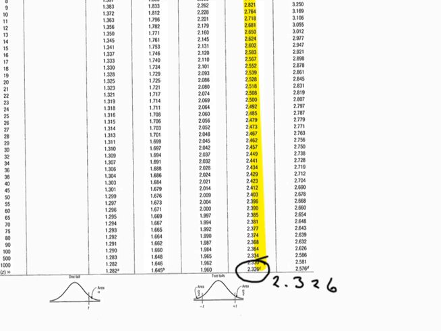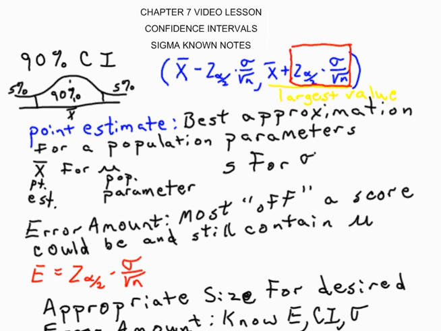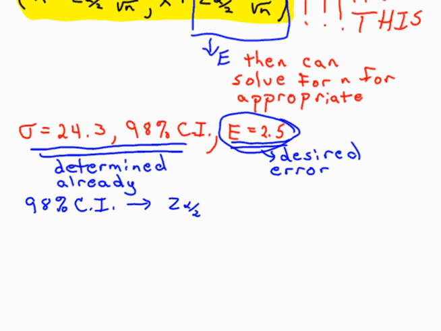So going back to my problem, my z alpha over 2 is 2.326.